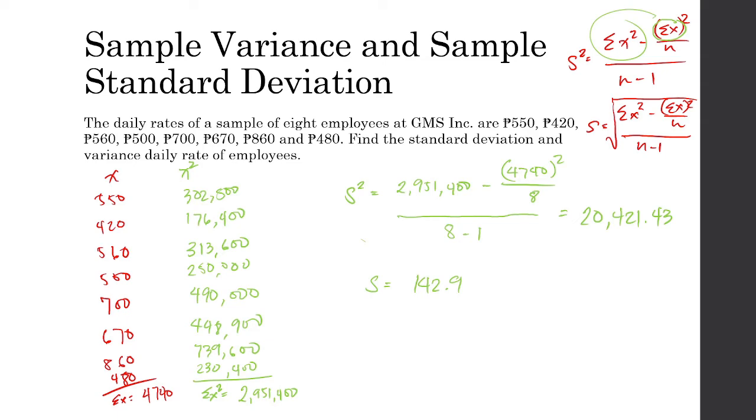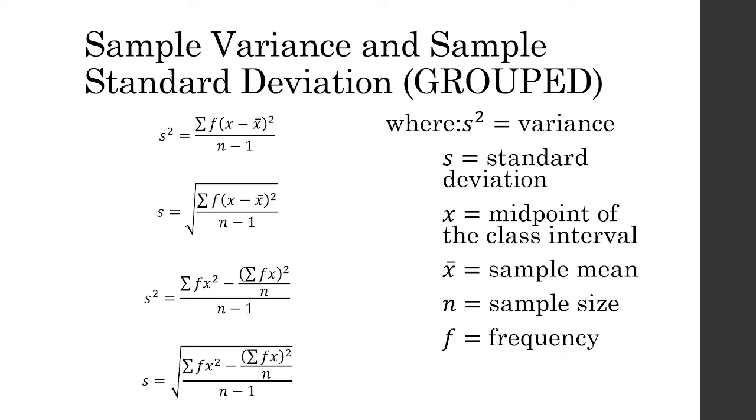Okay? Actually, meron pa yatang isang wala na. Okay. So for the next one, just like our mean, kung meron kang ungroup na sample mean, meron ka ring group na sample mean, which means meron ka ring group na sample variance and sample standard deviation.